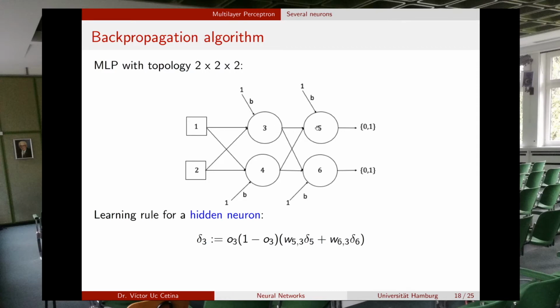It's only one output, but this output is going to 5 and it is also going to 6. So we need to consider the weight of the connection.